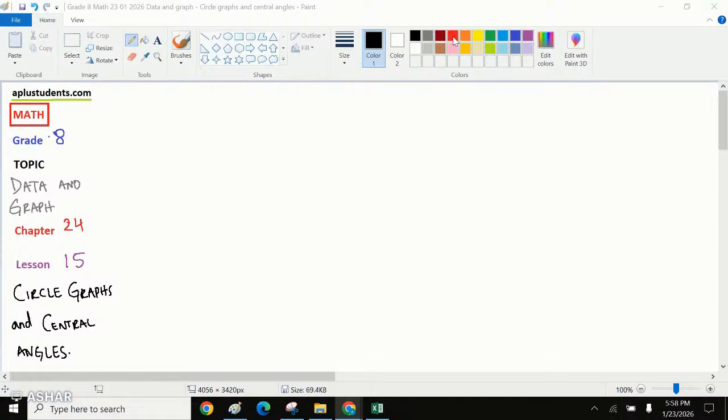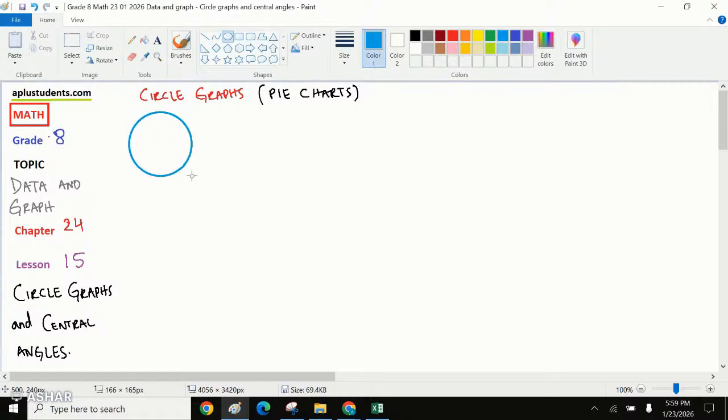See, the first thing we need to remember is the circle graphs are also known as pie charts. So if somewhere they're using the term pie charts, just remember circle graphs and pie charts are the same thing.